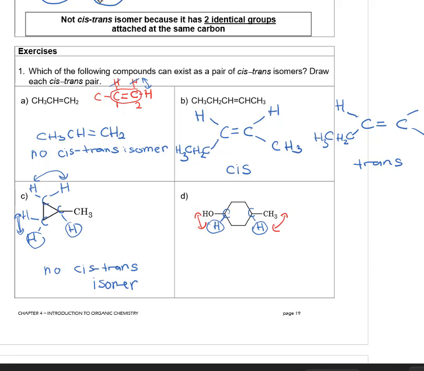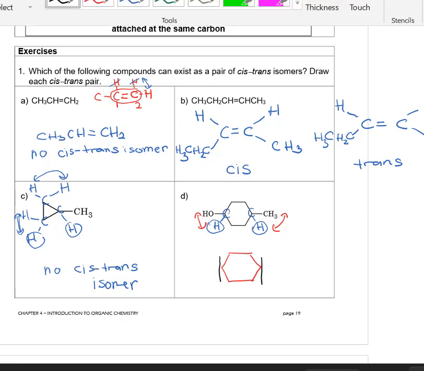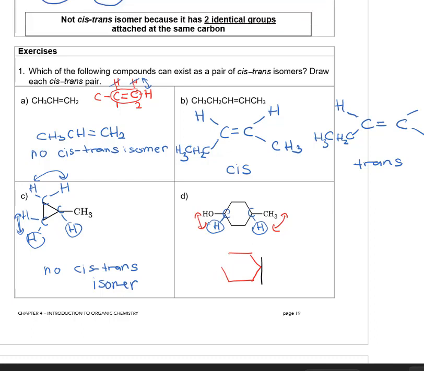So we need to draw it in 3D. Actually it is flat, so to get it to look 3D, we need to draw it upright like this. So we can see it is actually flat. So here is cis.